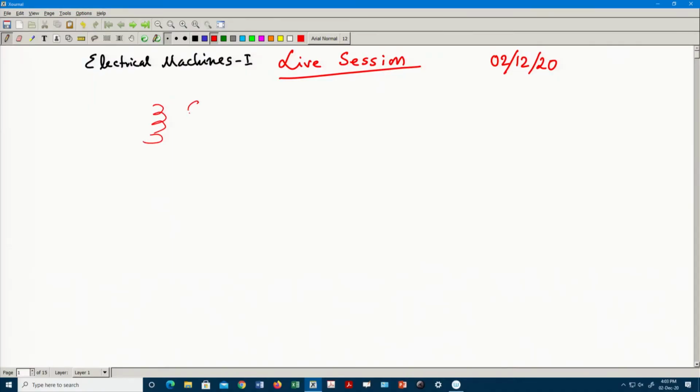Dot polarity is a property of coupled coils, whether you connect it this way or that way, it does not matter. It only indicates that if these two coils are coupled and you put a dot here, it always means that if the voltage polarity at a given instant of time is plus and this voltage is increasing, this side also will be plus.